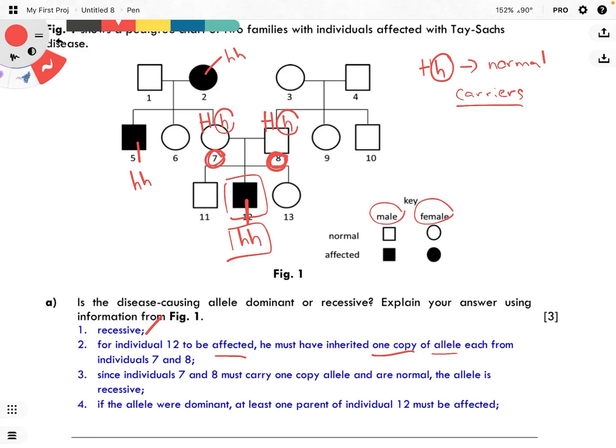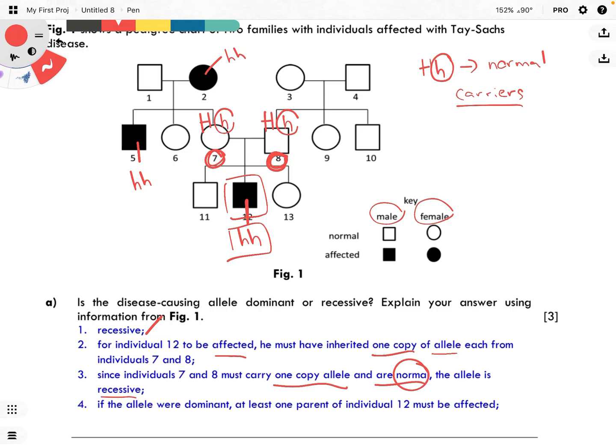Since 7 and 8 must carry one copy of the allele, and yet the phenotype shows that they are normal, that means the normal allele is dominant, and the allele that is disease-causing is recessive.